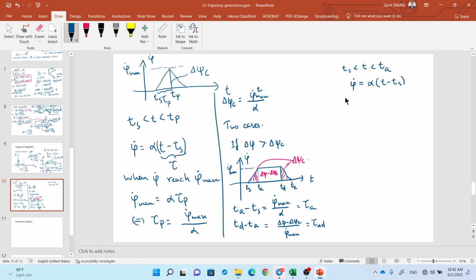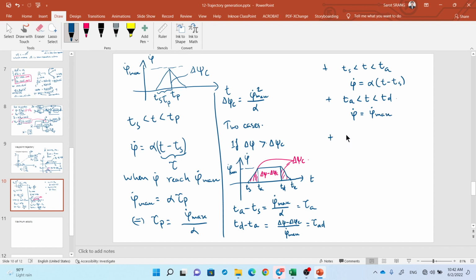Then t takes from ta to td, psi dot equals psi dot max.